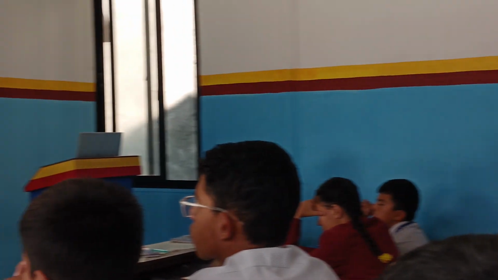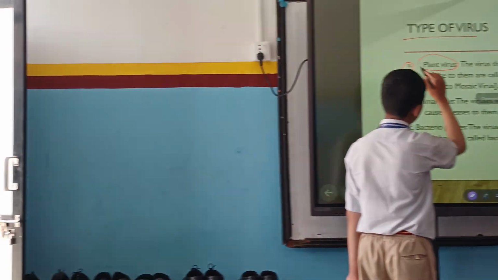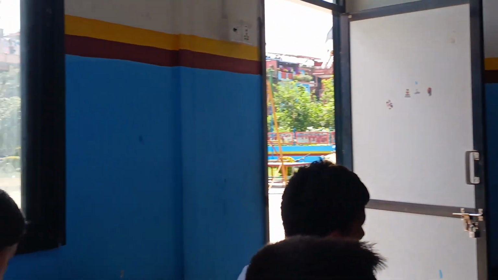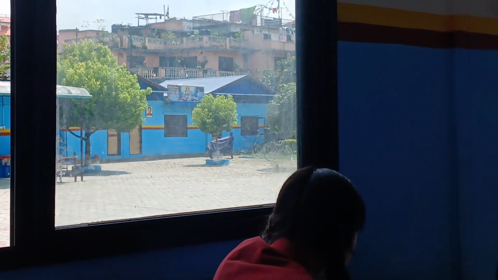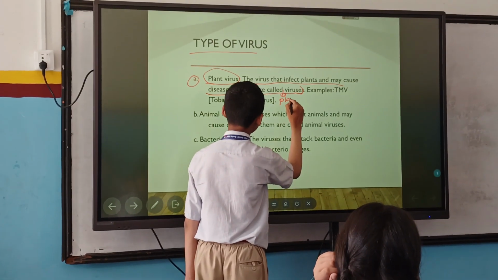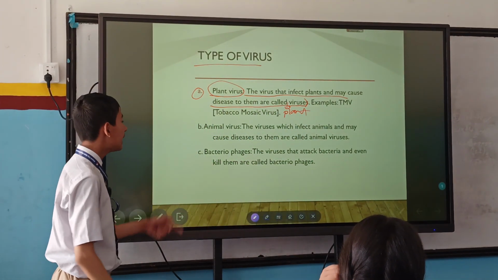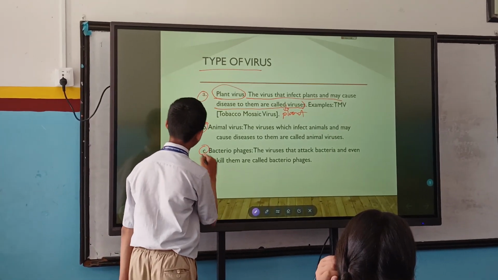It's given about types of virus. The first type of virus is plant virus. The virus that infects plants and may cause disease to them are called plant viruses. So it's given about three types of viruses.